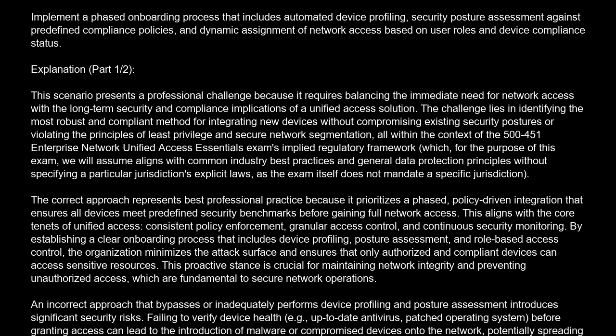Explanation. This scenario presents a professional challenge because it requires balancing the immediate need for network access with the long-term security and compliance implications of a unified access solution.